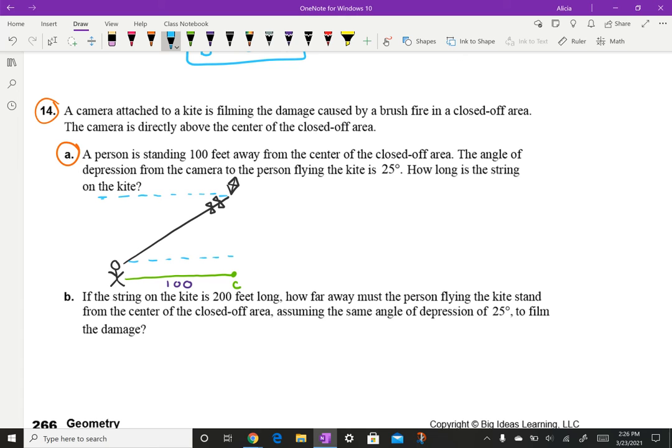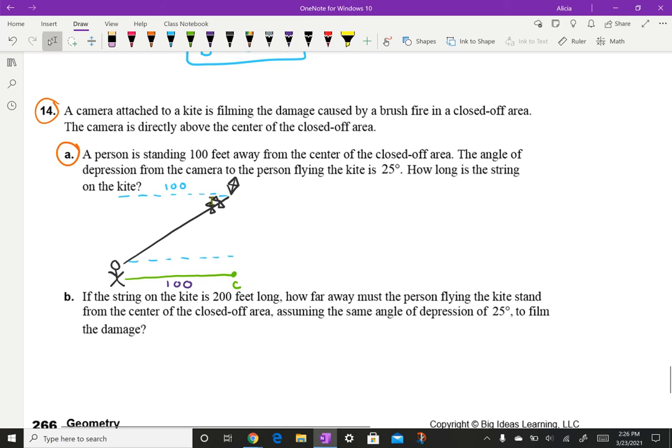Okay? So that means that if this is 100 from here to here, that means that this is 100 from here to here, which means that this is 100 from here to here. So this is also 100. I know, this scenario is a little bit confusing. So that's why I'm going through it.